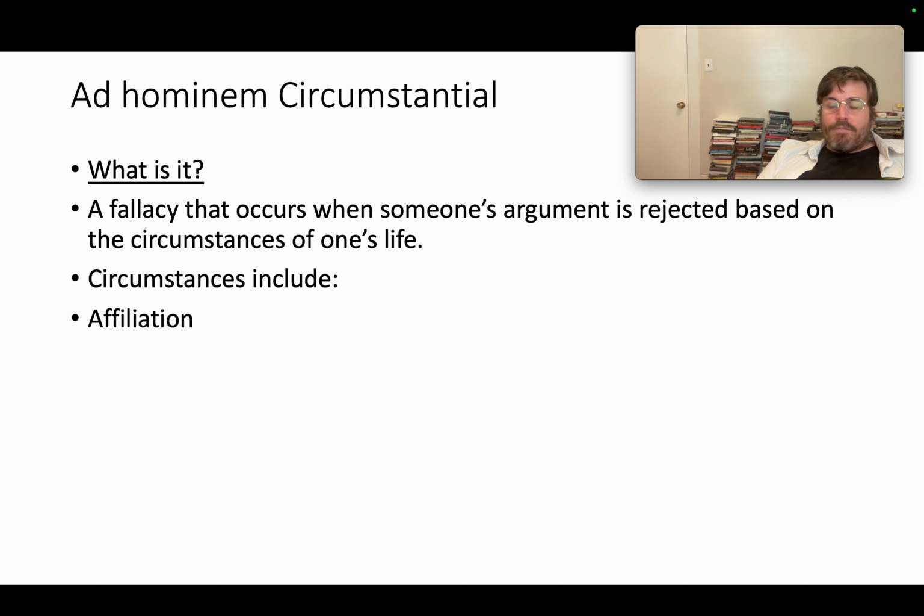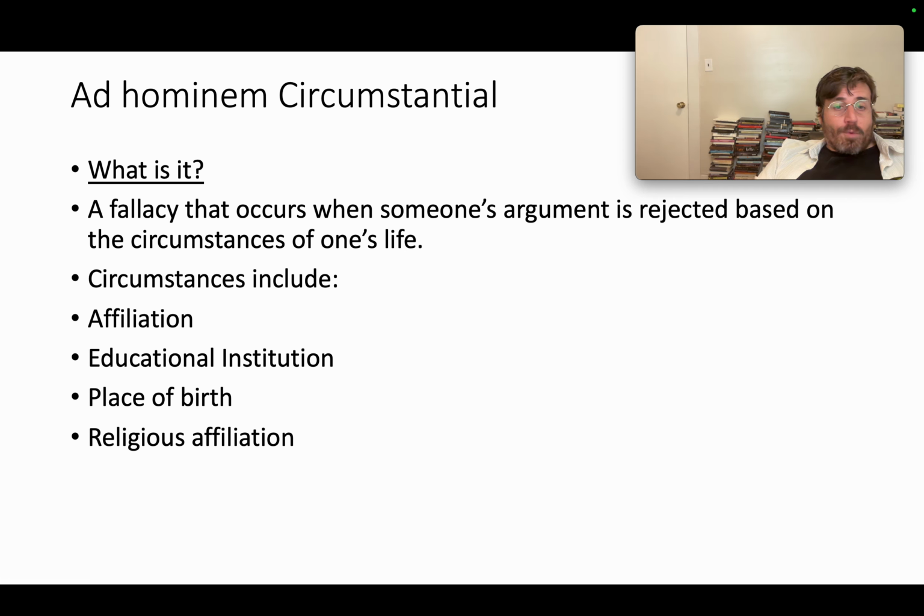Circumstances might include their affiliation to an institution like a party or a church. Could be their educational institution, their place of birth, some protected categories like religion or race. All of these are usually pretty straightforwardly prejudicial efforts to discredit the person rather than invalidate their argument, right?